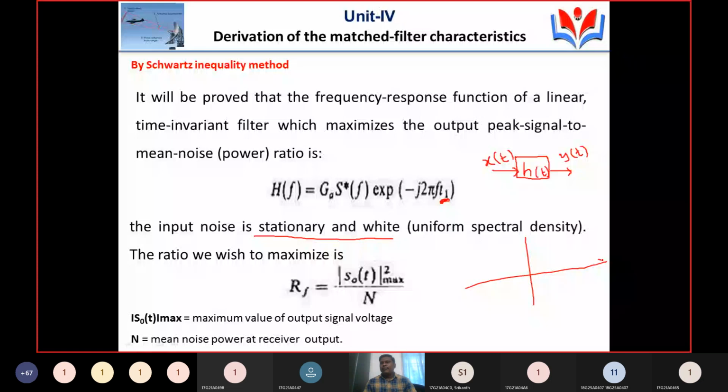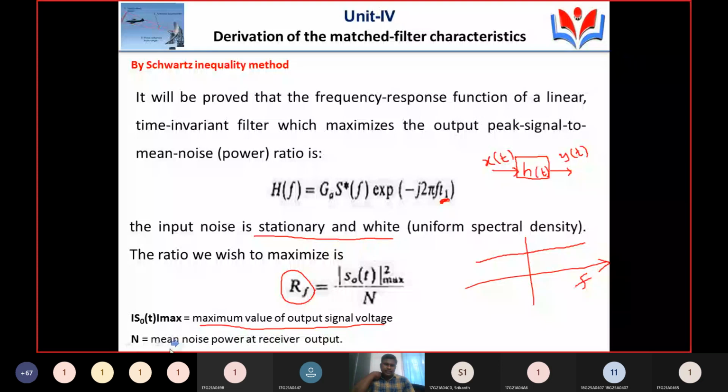Then we have to find out this particular Rf. Rf will give you the square of the maximum signal voltage divided by the noise power. Here, modulus of s naught of t maximum is the maximum output signal voltage, and N is the mean noise power at the receiver output.